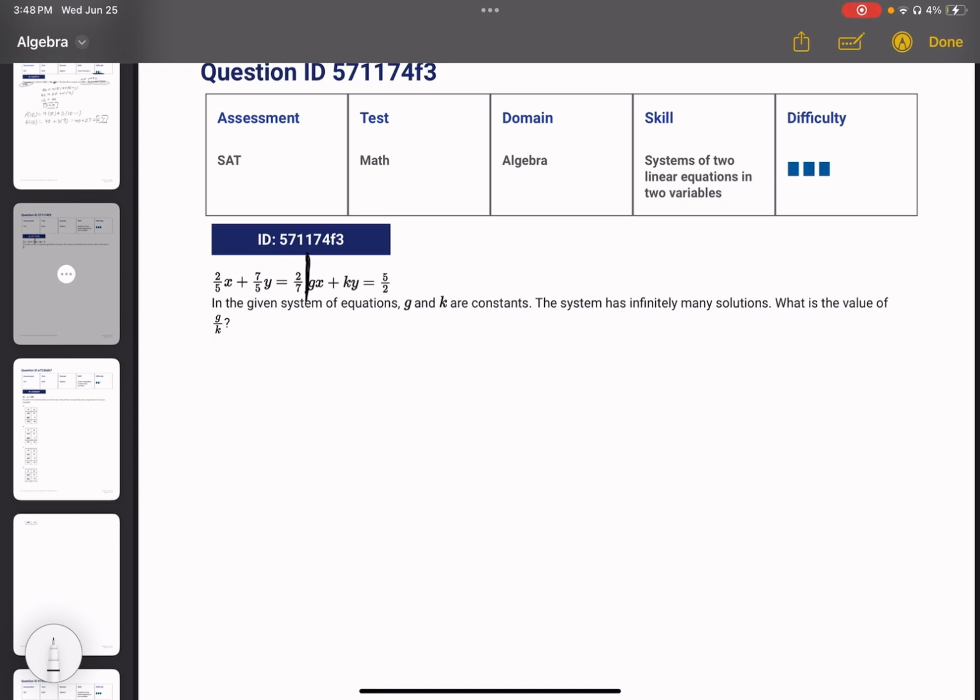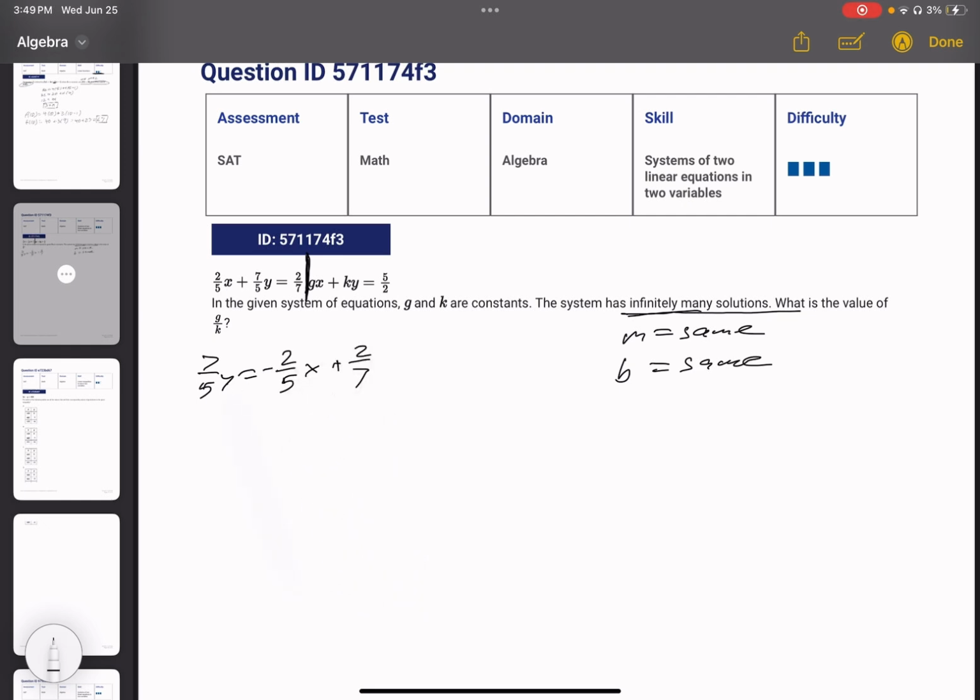Okay, so if it has infinitely many solutions, we need to realize that the slope of both is going to be the same, and the y-intercept of both is also going to be the same because it's the same line for both. So we're going to put this in y equals mx plus b for both. So we know that 7 over 5 y is going to be equal to negative 2 over 5 x plus 2 over 7.